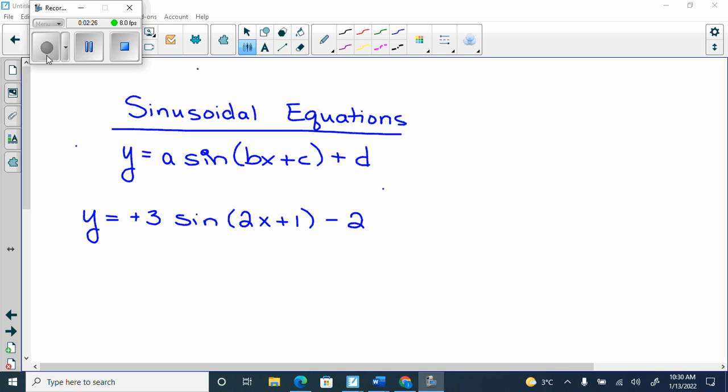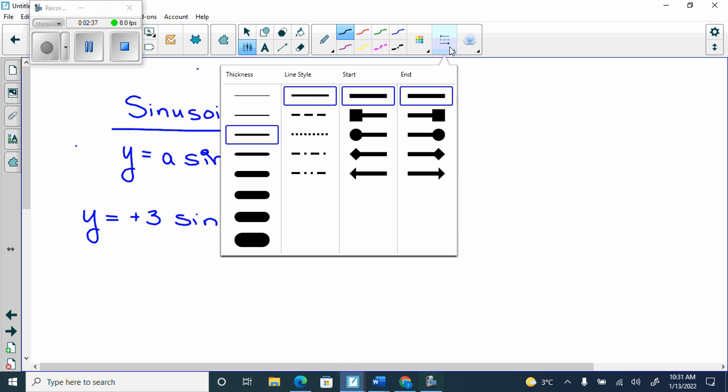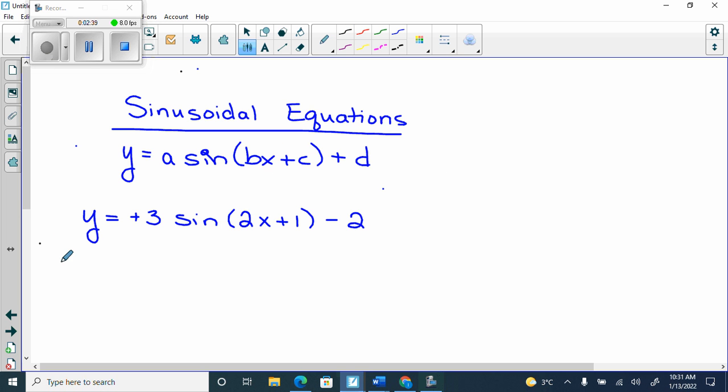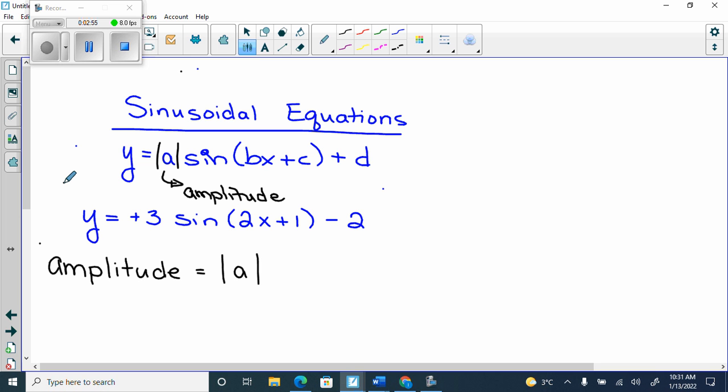Now remember, from a graph, your amplitude is your absolute value of your max minus min divided by 2, right? We have to do all that work to get our amplitude, yes? From an equation, your amplitude equals the absolute value of the A. This is your A, right here. So what's the amplitude of this equation?